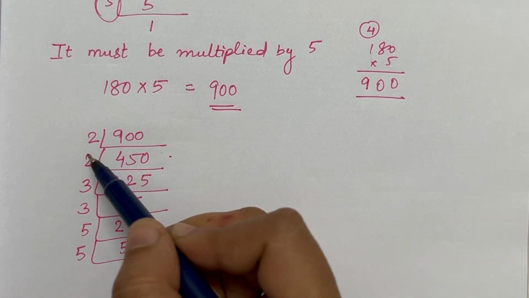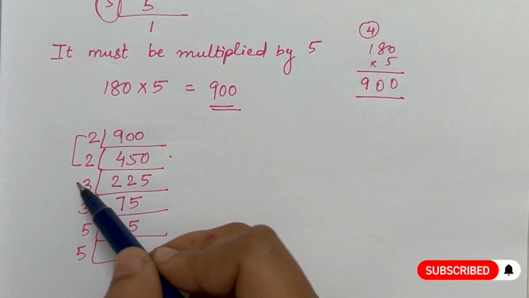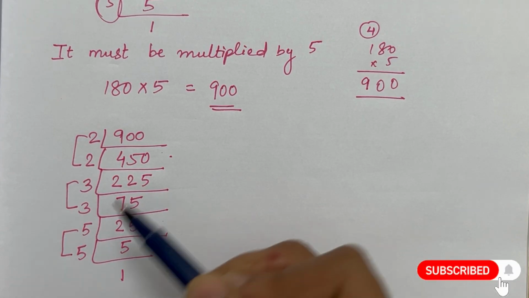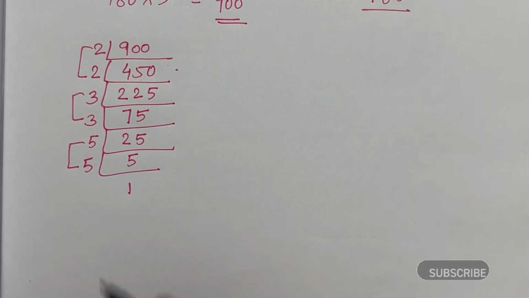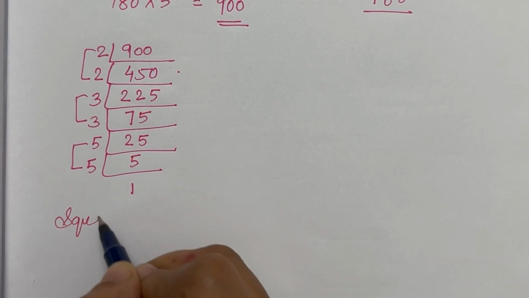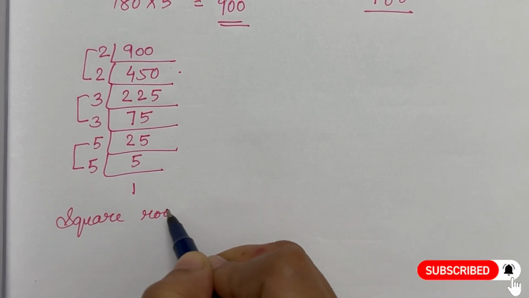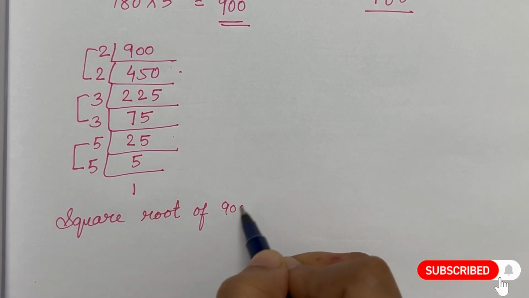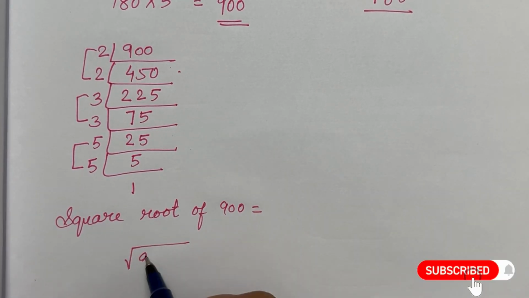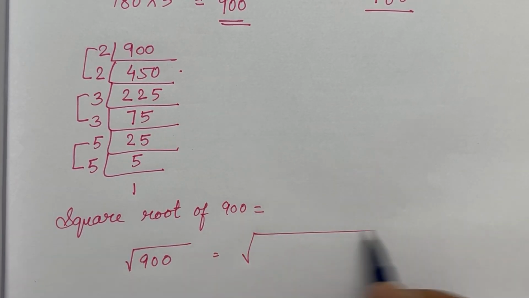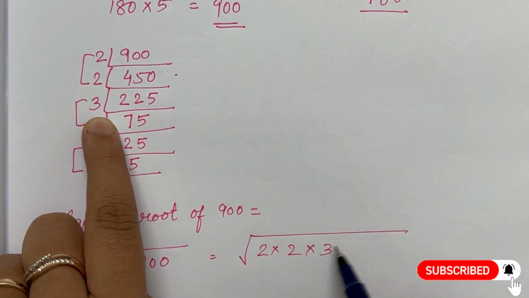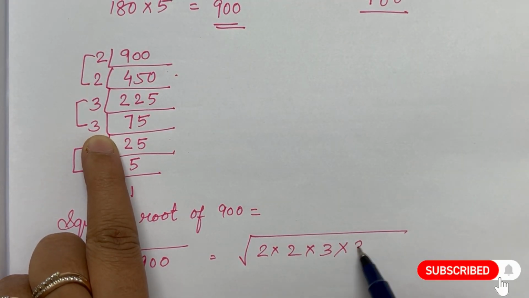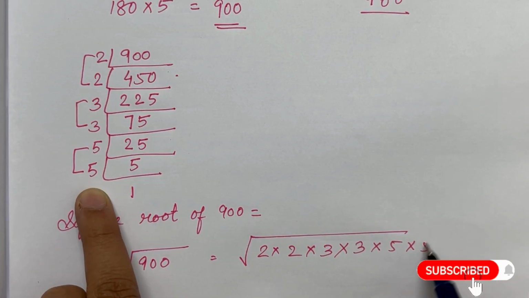So look here, we have all the pairs now, because this is a square number. Now we'll find the square root of 900. Two multiplied by 2, multiplied by 3, multiplied by 3, multiplied by 5, multiplied by 5.